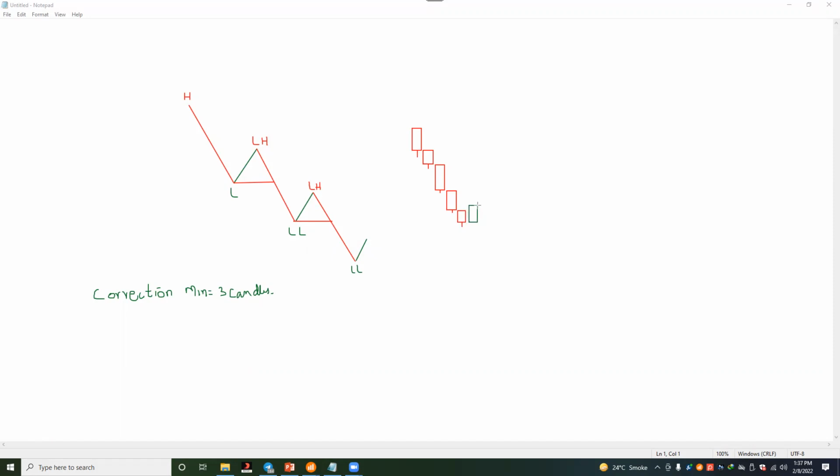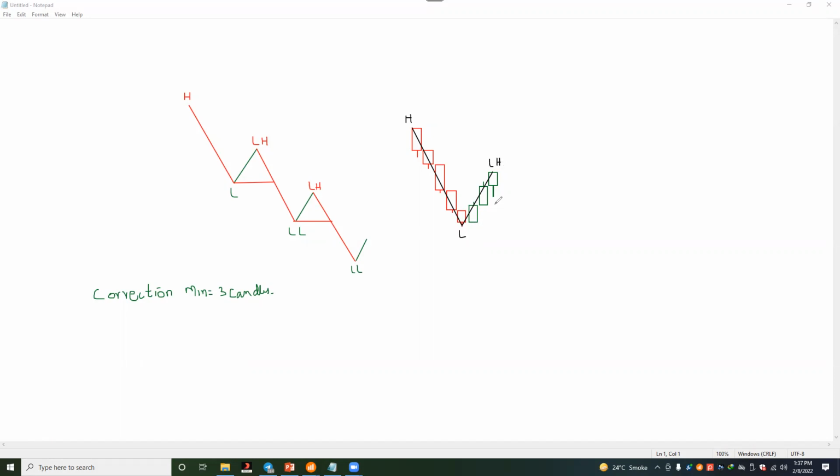Whether they are smaller or bigger, whatever the size is, we can see that this is the correct formation of this movement, high to low, then low to lower high position. So this is our high, this is our low, and this is our lower high.